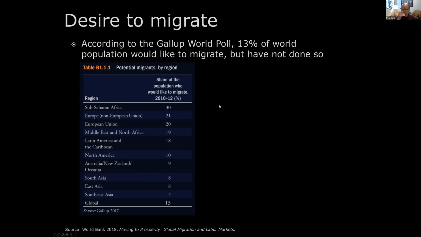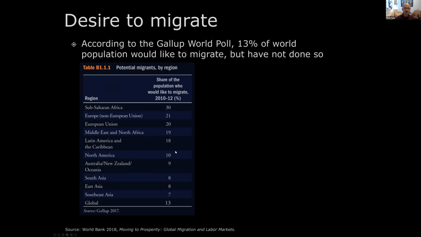So the share of individuals saying they would like to live in another country varies across regions of the world. So this 13% obscures some regional variation. The share is highest in sub-Saharan Africa, where 30% of respondents say yes, they'd like to migrate. Europeans come next at about 20%. And in the Middle East and North Africa, as well as in Latin America and the Caribbean, the share isn't very different from the European share, also close to 20%.